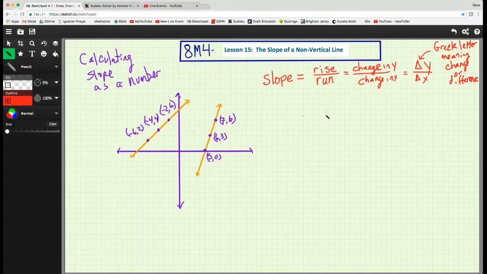So let's look at these two lines. Let's first look at this line here, the line on the right. Now, when you calculate slope, you can use any one of these formulas, and the first thing you do is you choose any 2 points to look at.